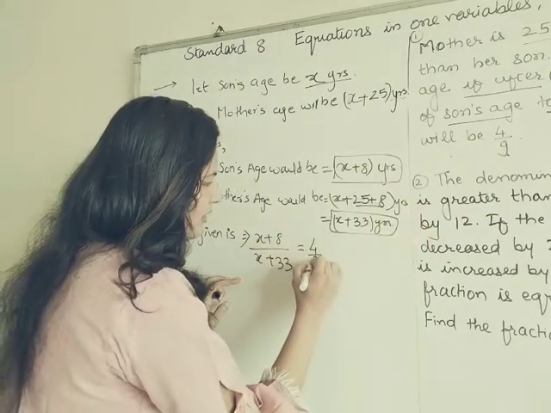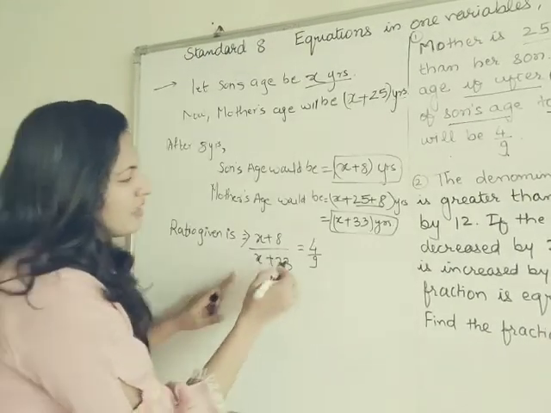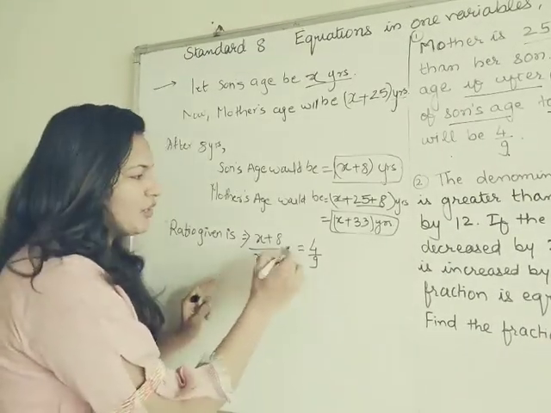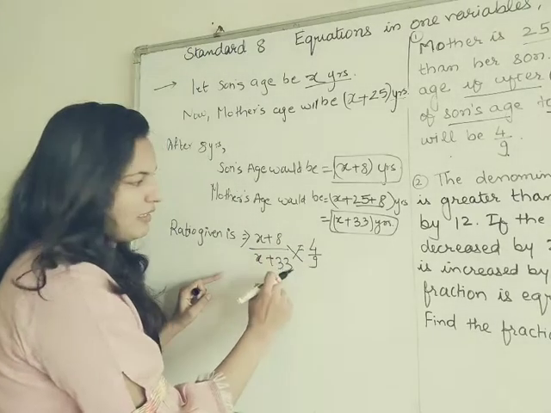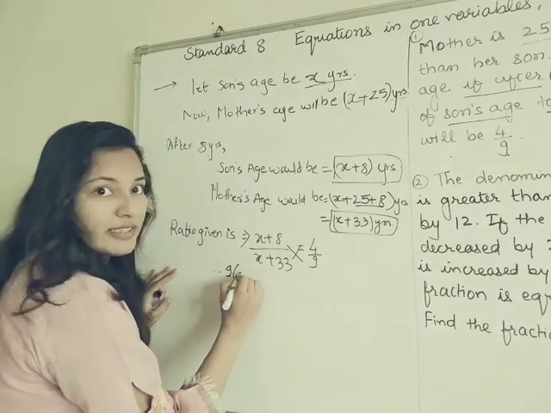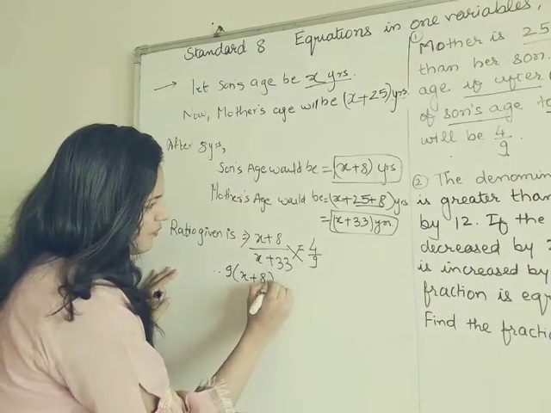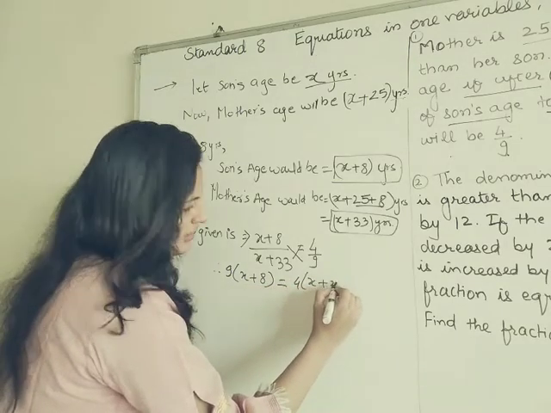So let's solve this problem. In this case, what we need to do? We need to cross multiply. As there is equal to, we will do only cross multiply, not this way. So 9 into X plus 8 is equal to 4 into X plus 33.